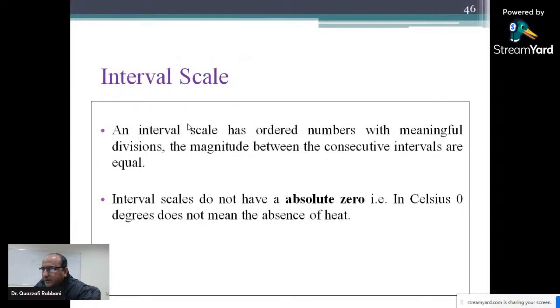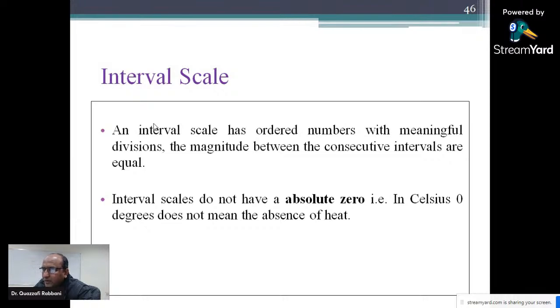Now the third scale, interval scale. This is used for quantitative data which doesn't have an absolute zero. An observation in which zero means something. If zero is used as something, then this type of data is known as interval.